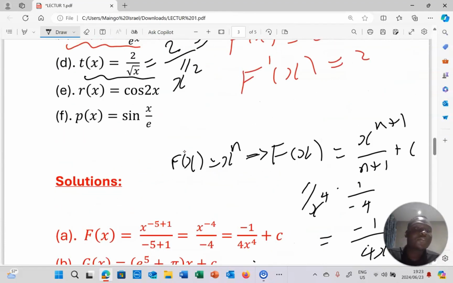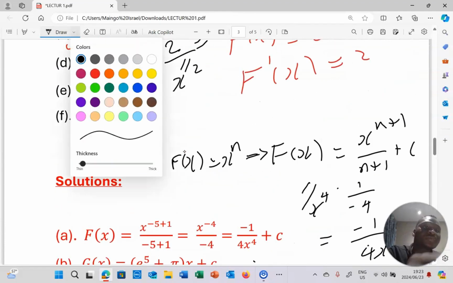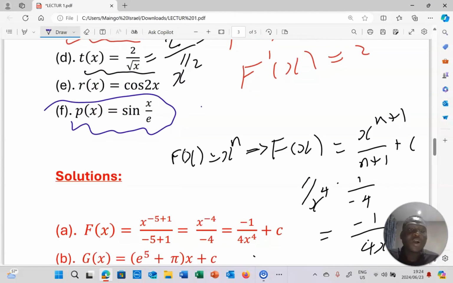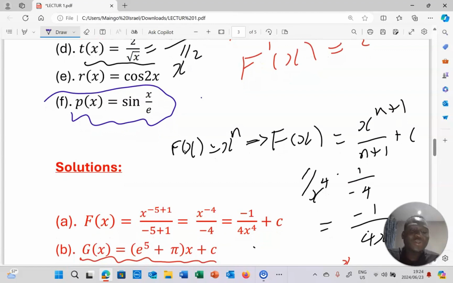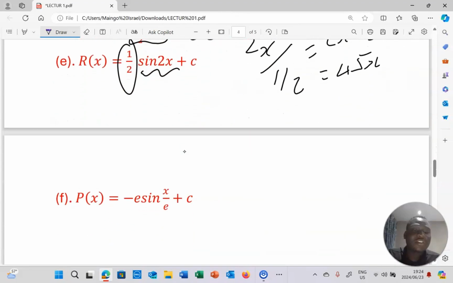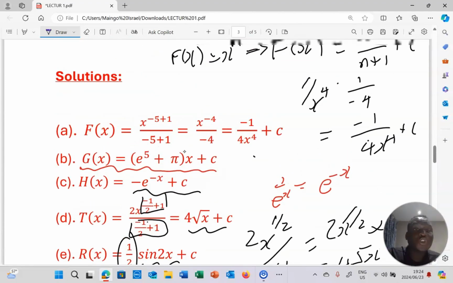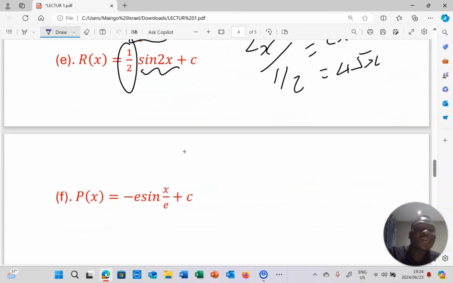So number F is a simple thing like this: p of x equals sine of x over e. What do we differentiate to get sine? Sorry, there is a mistake. We must have cos first.